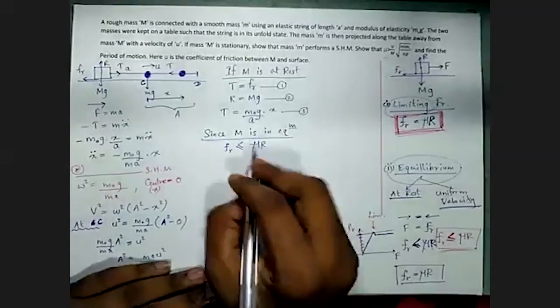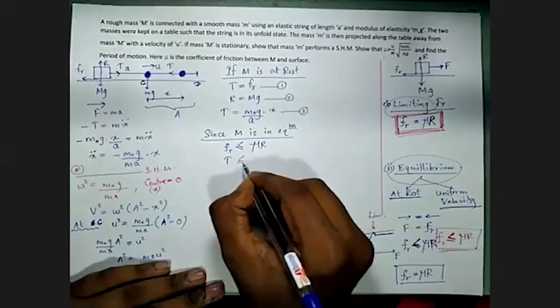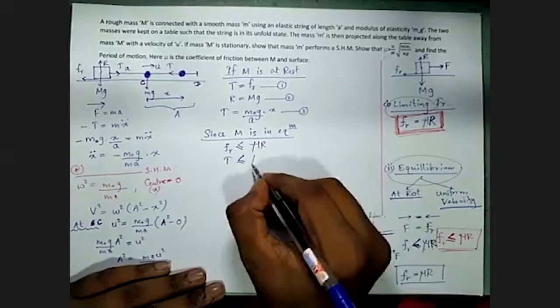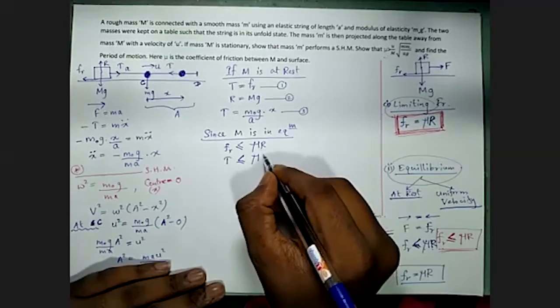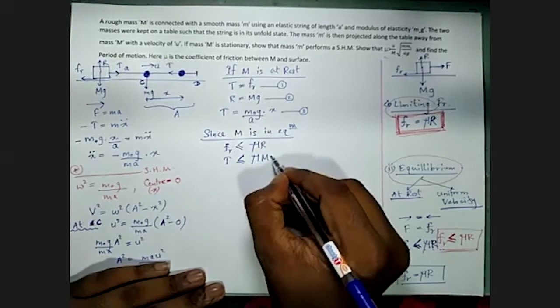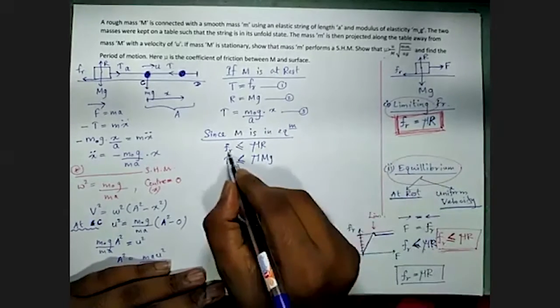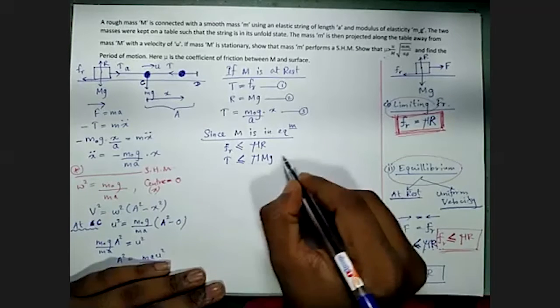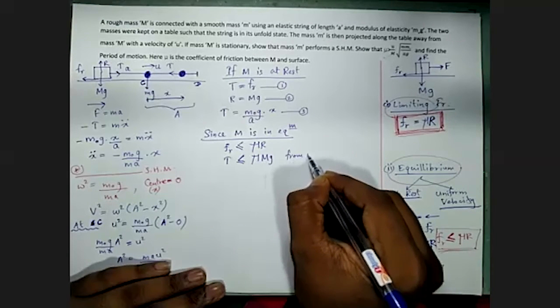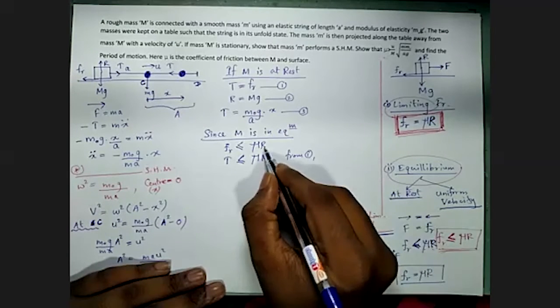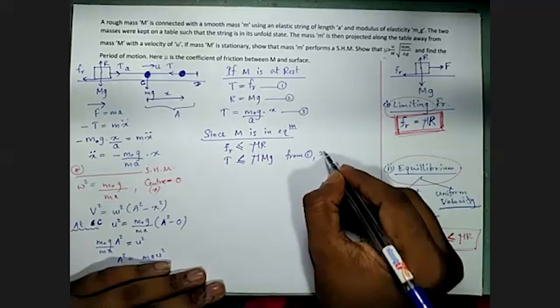Then what is friction? That is tension, less than or equal to mu R. What is R? That is capital Mg. So I took friction as tension from equation 1 and R as capital Mg from equation 2.